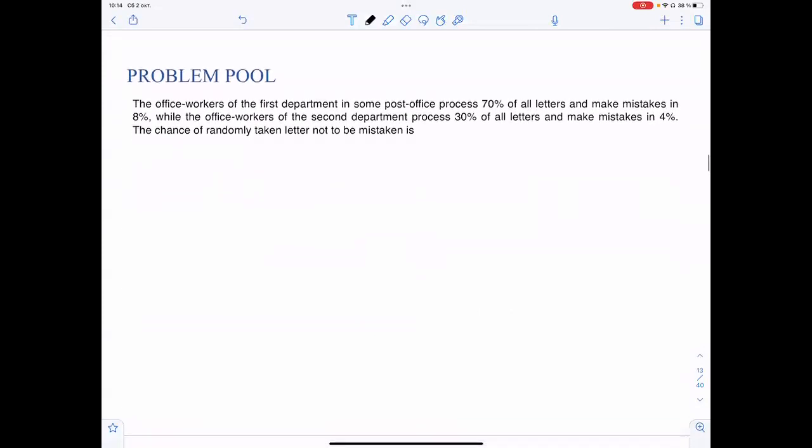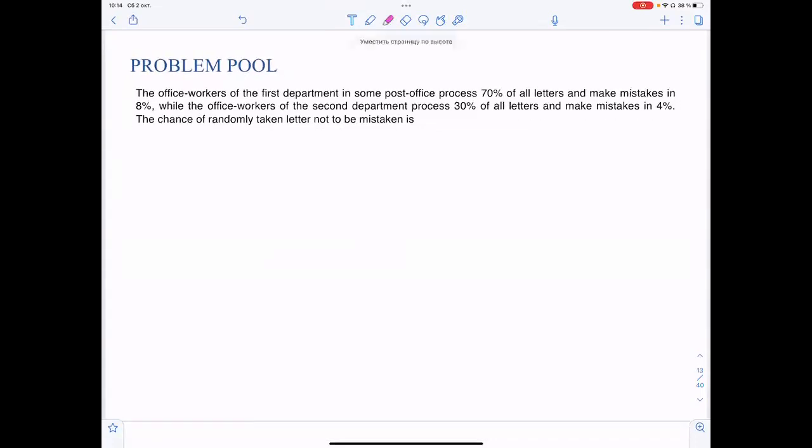All right, here's a problem. So we have office workers, and one of them, the first office worker, operates 70% of all letters and makes mistakes with the probability 8%. The second one operates the remaining 30% of letters and makes mistakes with probability 4%.